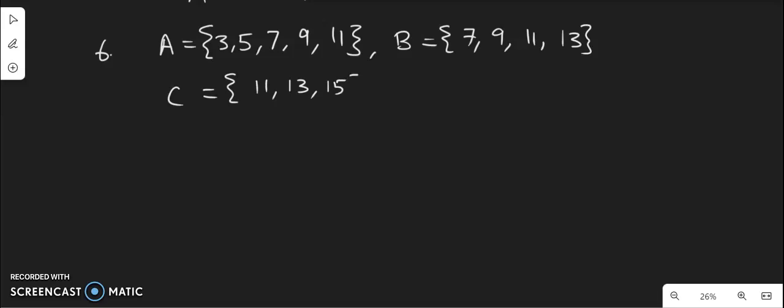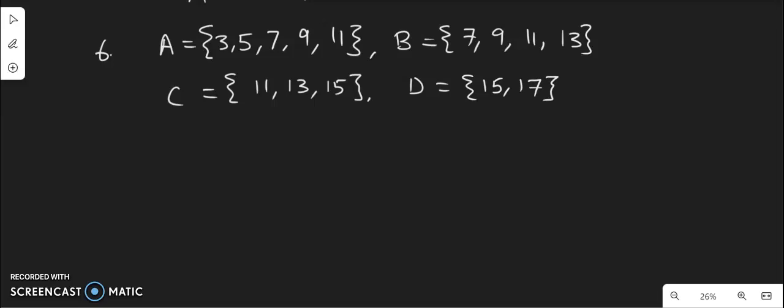I've got another set B which says 7, 9, 11, and 13. And then I've got a set C which says 11, 13, and 15. And I've got another set D, which is exactly 15 and 17. So four sets are given.